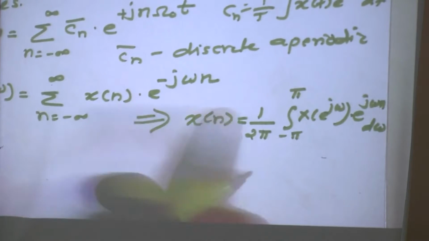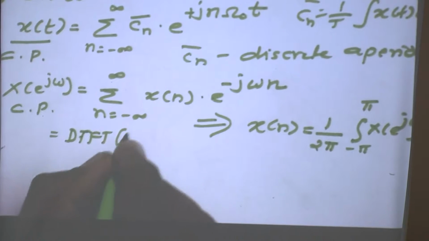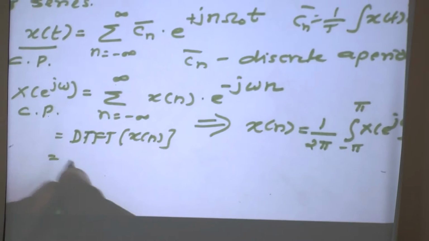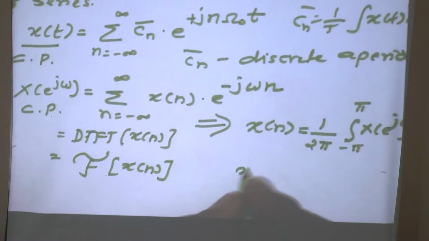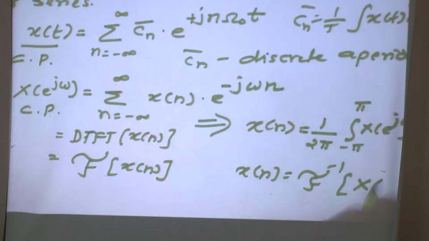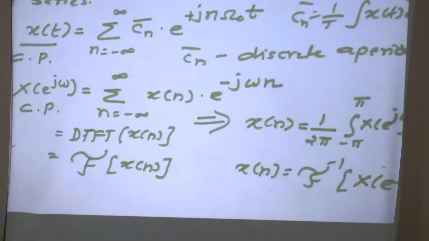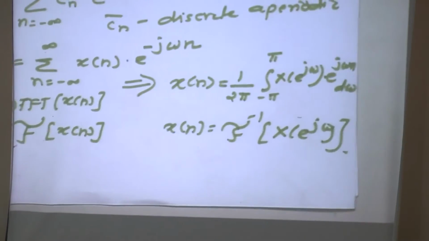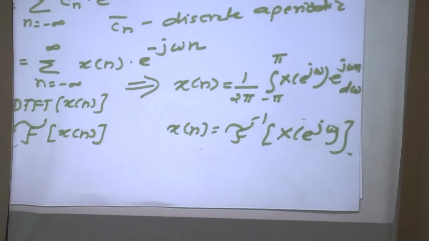Alright, the logic is same. Here this is called the DTFT of x[n], written as the Fourier transform of x[n]. What is this? x[n] is the Fourier inverse of X(e^{j omega}).